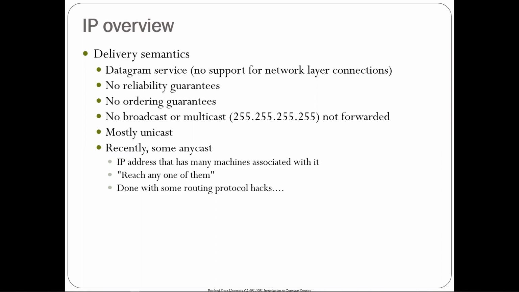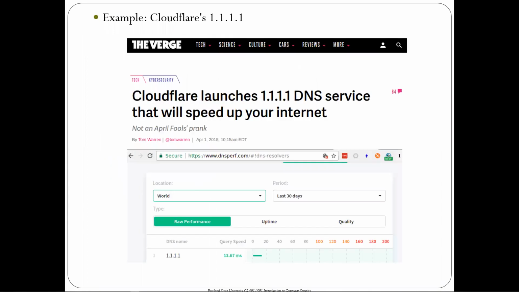And this is an IP address that has a whole bunch of machines that can respond to that particular IP address. And the semantic is reach any one of them, and whichever one you reach first is fine to use as that address. And this is done with some routing protocol hack. The example of anycast that I show people usually is Cloudflare.